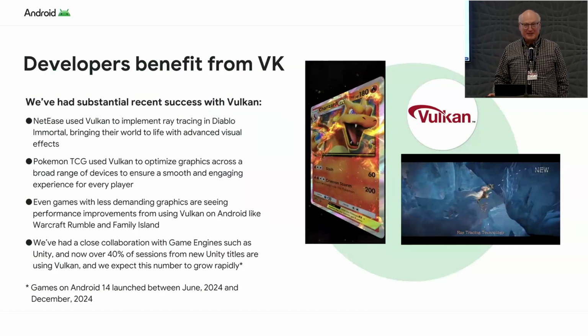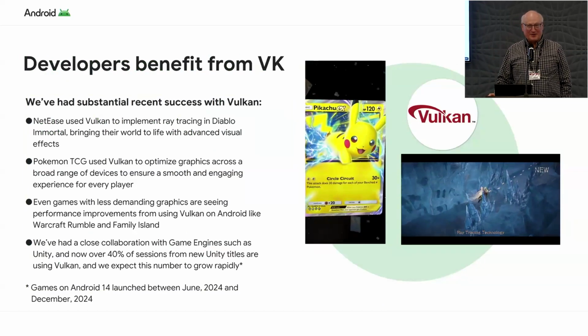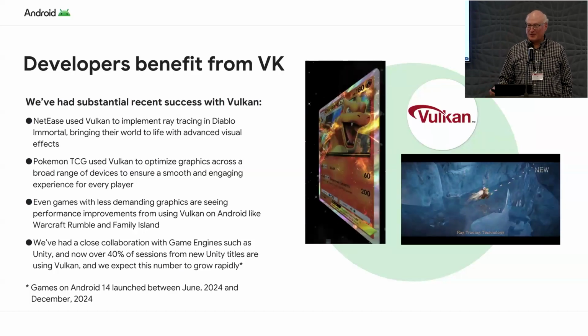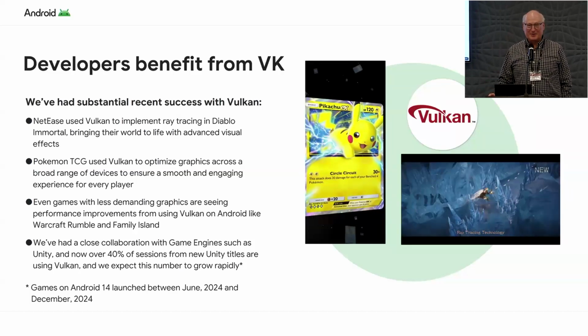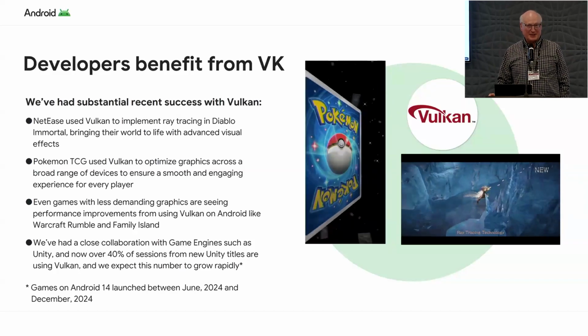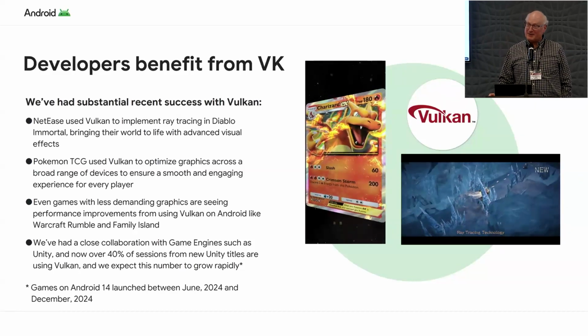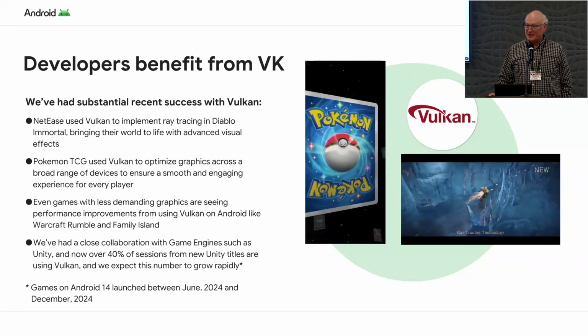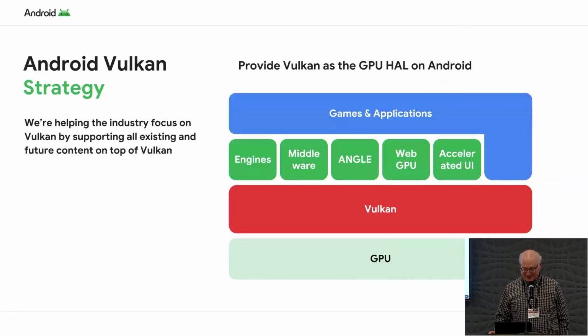And we've been seeing some really great benefits lately with games that are switching from GLES to Vulkan on Android, right? So good things, again, performance, battery life, features, etc. And even for some of the games that are not particularly graphically intensive, they're getting benefits from it. So good stuff.